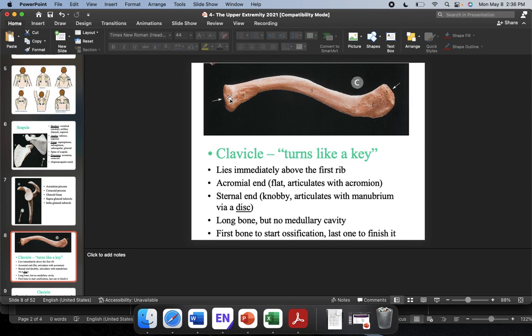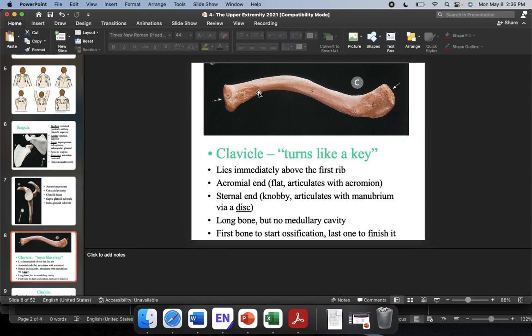So the clavicle is a very important component of the upper extremity. It's going to lie just above the first rib, with a flat acromial end and a more knobby sternal end. It is considered a long bone, although it does not have a medullary cavity. Additionally, the clavicle is the first bone to begin ossification within the body, but it's the last bone to finish, after the age of 20.